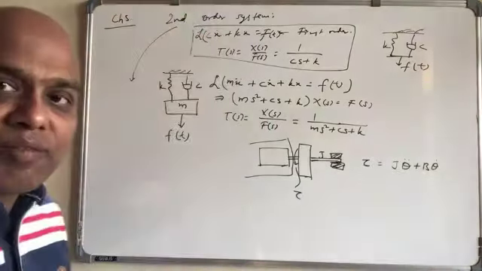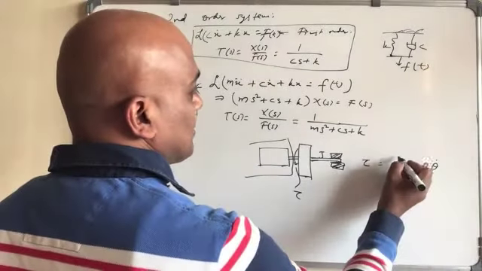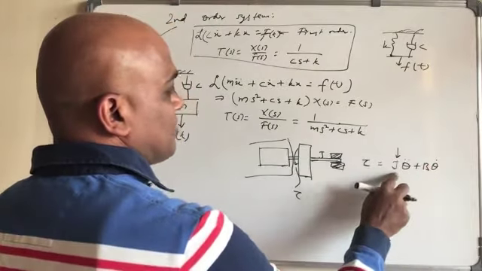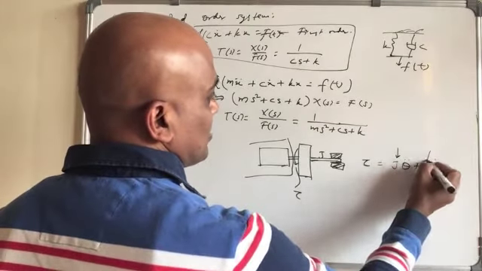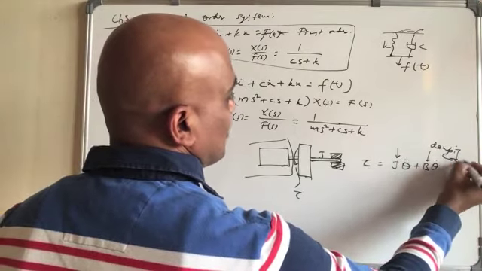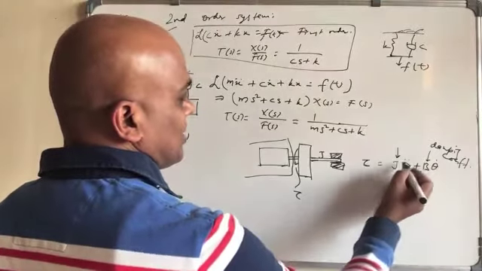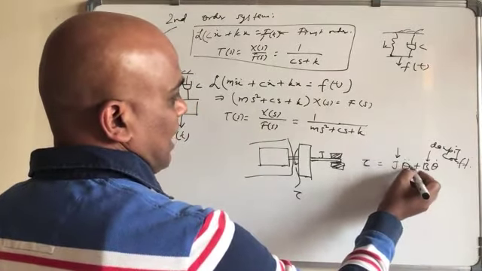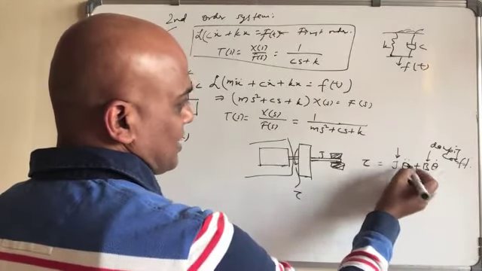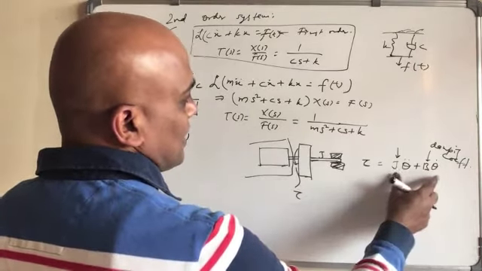We already derived this equation. J is the mass moment of inertia, and b is the damping coefficient for rotational motion. Theta dot is the rotational velocity, theta double dot is the rotational acceleration, and tau is the torque.